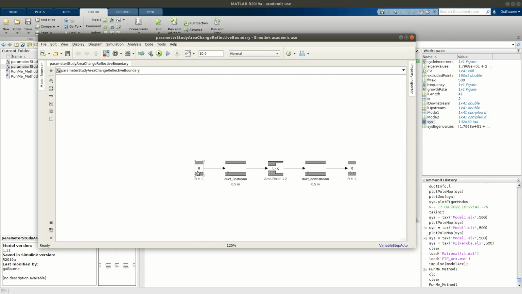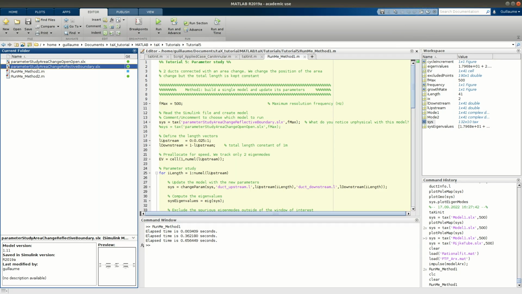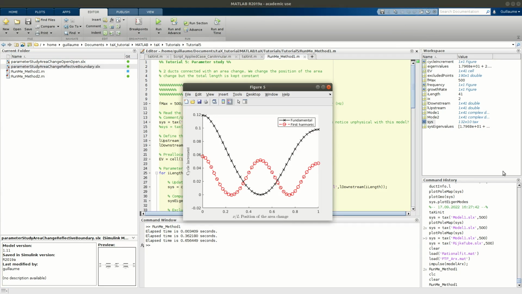And this is the problem, because now we have boundaries that do not preserve acoustic energy. That is the conclusion from this figure. We have positive growth rate or cycle increment, we have growing modes, but we have no source of energy in our system, so that can only come from the boundary elements.